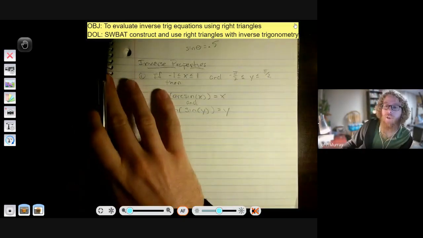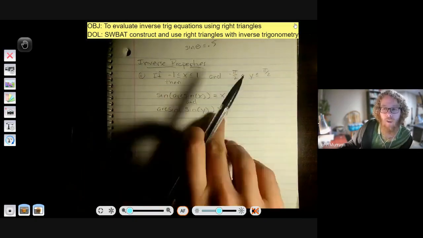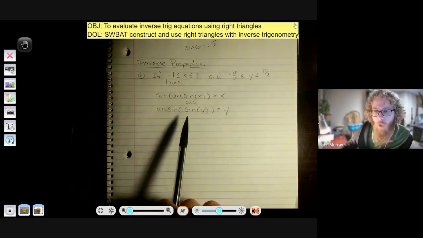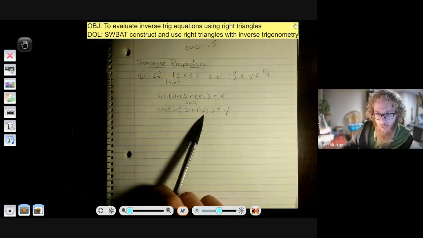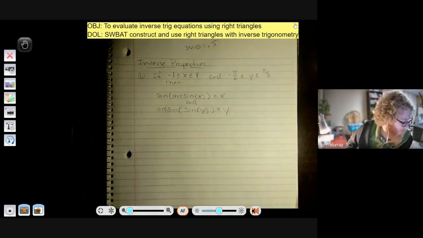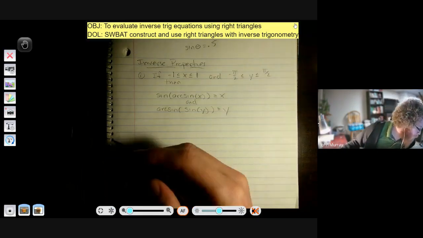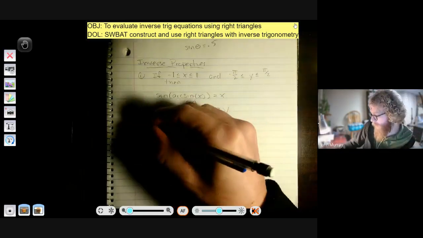If I have the arc sine of some x, then I take the sine of the arc sine and it eliminates, and I'm just left with x. Or if I have the sine of some angle, I take the arc sine of that sine and they eliminate. And the same thing is true for cosine and tangent.